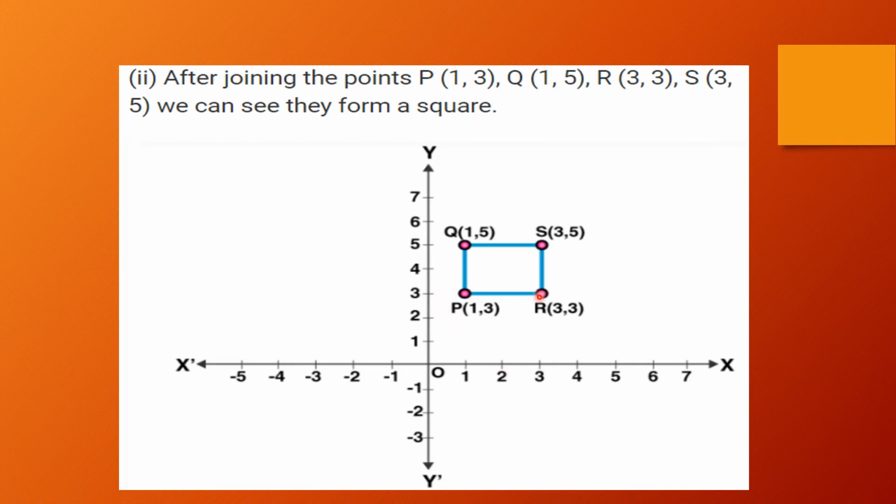So the intersection of (3, 3) is point R. And mark point S (3, 5): take 3 units along the x-axis and 5 units along the y-axis such that the intersection forms S of (3, 5). Now join P, Q, R, S. They form a square.